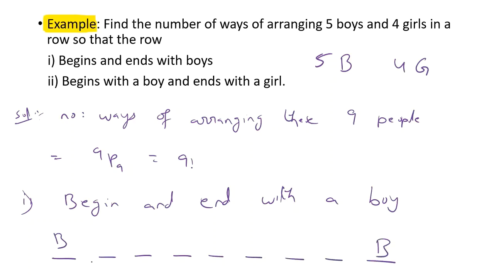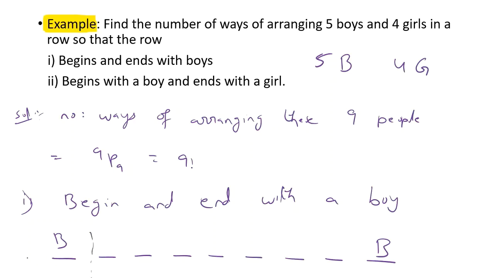Now the task is to fill these 9 places with 5 boys and 4 girls, but in this task we have some constraint. The constraint is we have to begin with a boy and we have to end with a boy. So I am dividing this task into 3 parts.